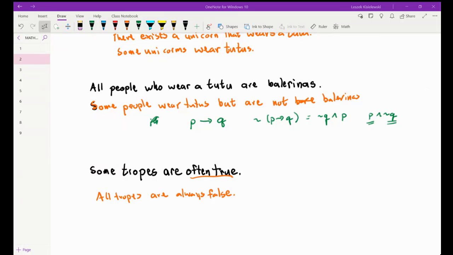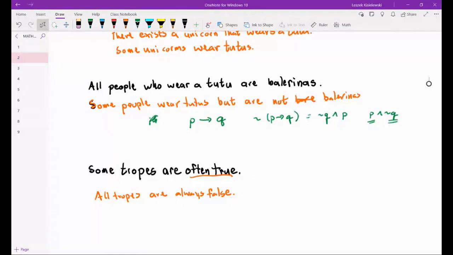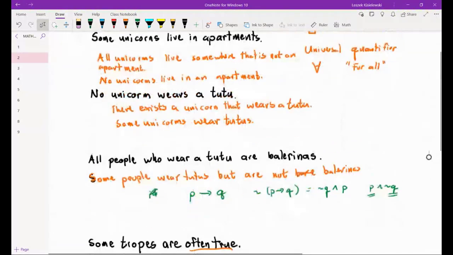Oh, why wouldn't the negation of no unicorn wears a tutu be that? Okay, that's a good question. Let's go back to that. No unicorn wears a tutu.